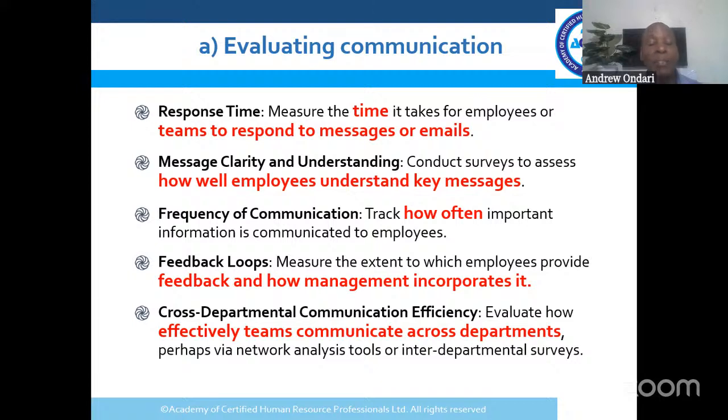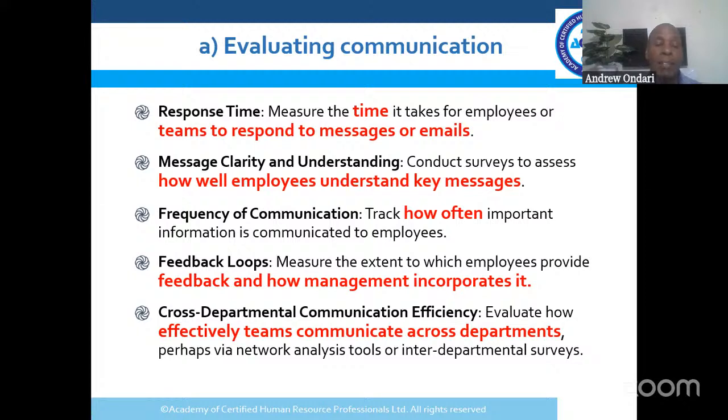In performance management, we need feedback on how the employees are doing. Even in compensation, we need feedback on the level of satisfaction by the employees with regard to compensation. So we need to measure the type of feedback that we get. Is it accurate and is it timely?